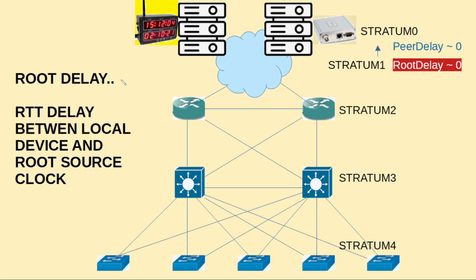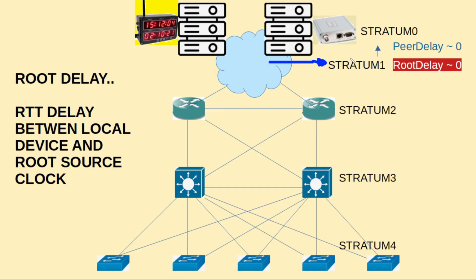Let's talk now about the root delay. The root delay is an NTP measurement that will provide you with the round trip time between any given device and the authoritative source. Let's describe how this process works in order to calculate the root delay. Let's place ourselves first at the stratum 1 device.